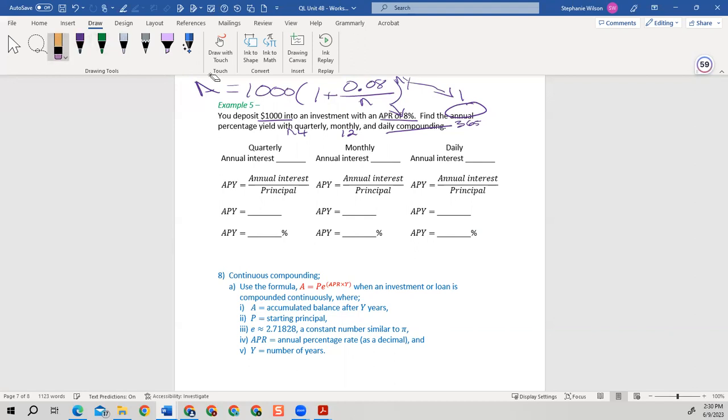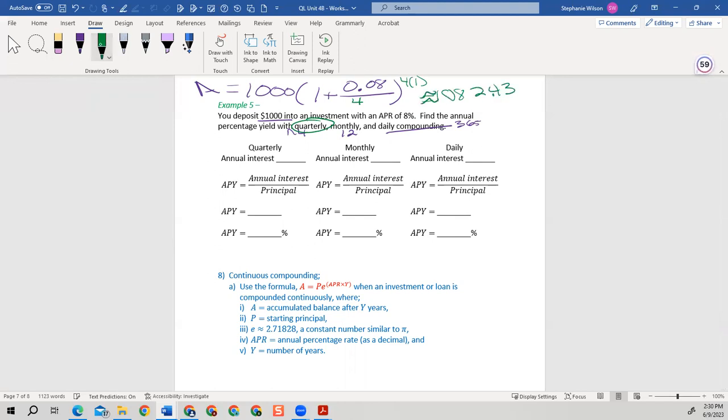So I'm going to erase some stuff and I'm going to plug in. So we got 4. We're compounding it 4 times, quarterly. We're raising it to 4 times 1 year. We get 1,082.43.